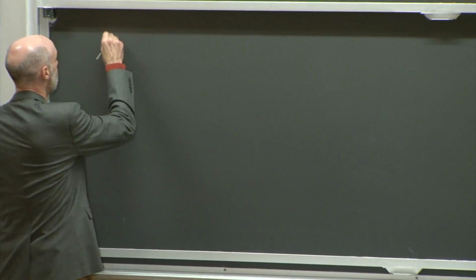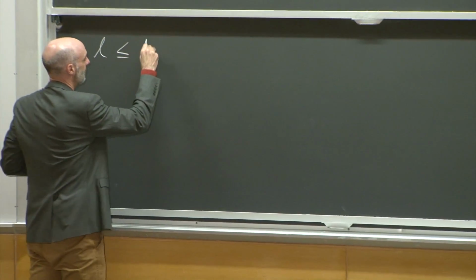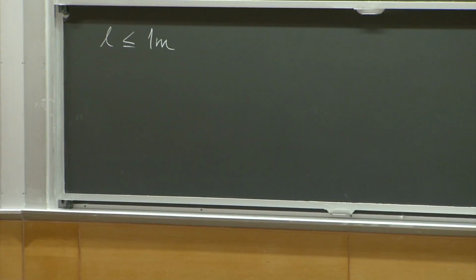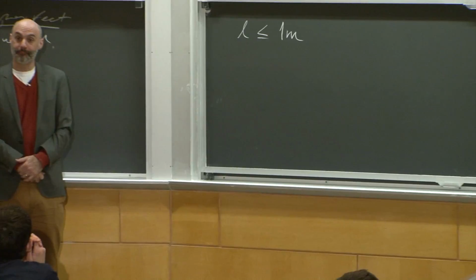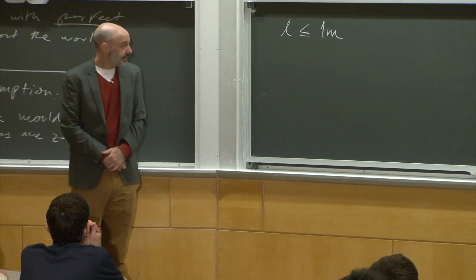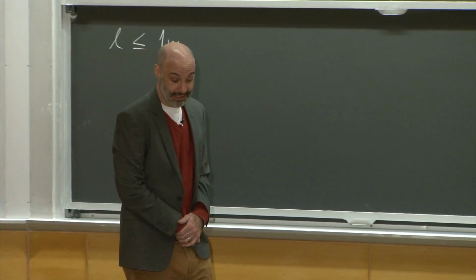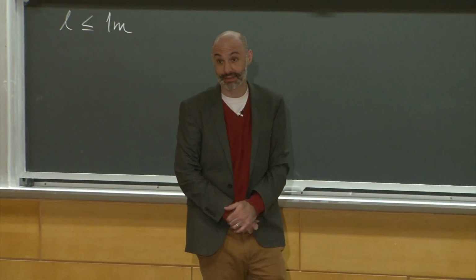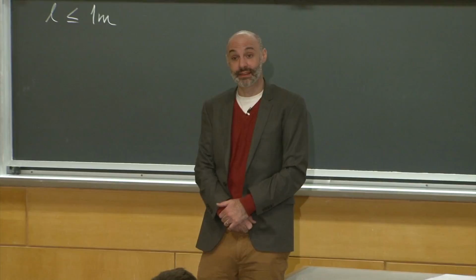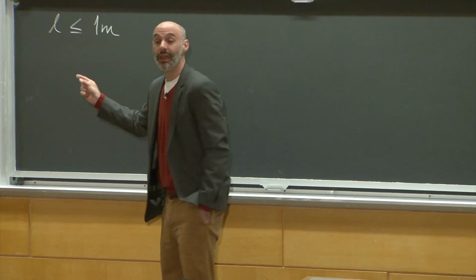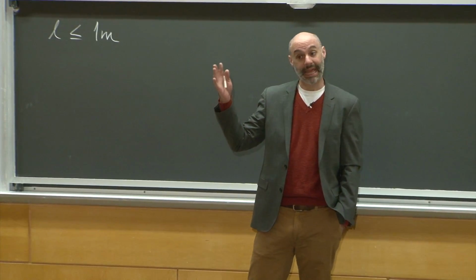So side length is equal to 1 meter or less. But you have no more reason to think that the actual value of the side length of the next cube is going to be one value in this range than you have that it's going to be any other.